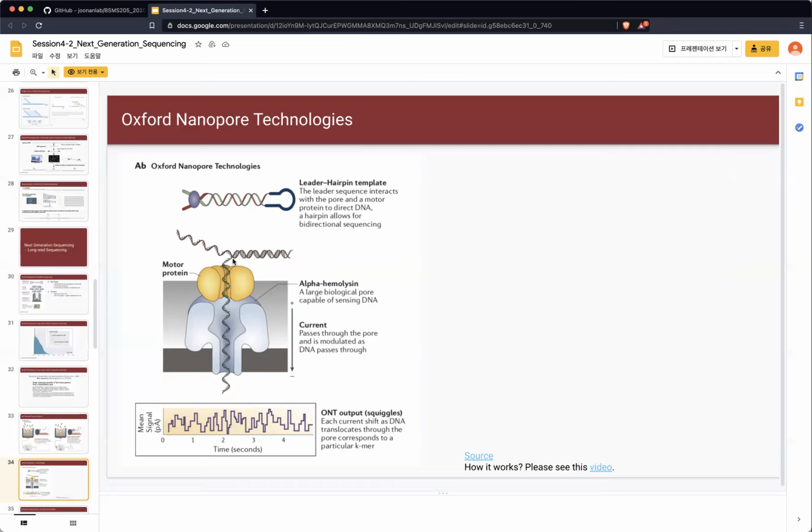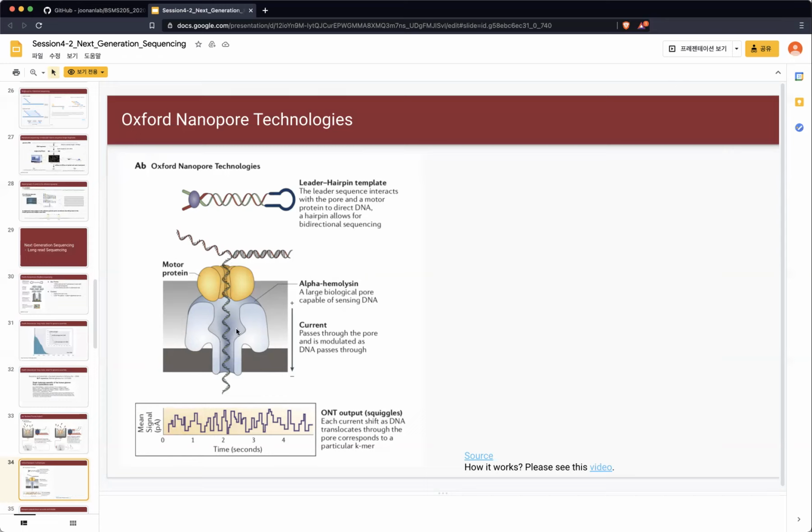Once the DNA sequence unwinds into this pore structure, the pore takes the DNA sequence into the hole, and within this the whole structure will measure the currents from the DNA sequence.